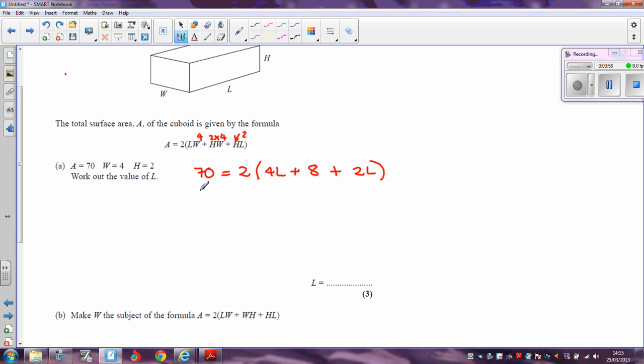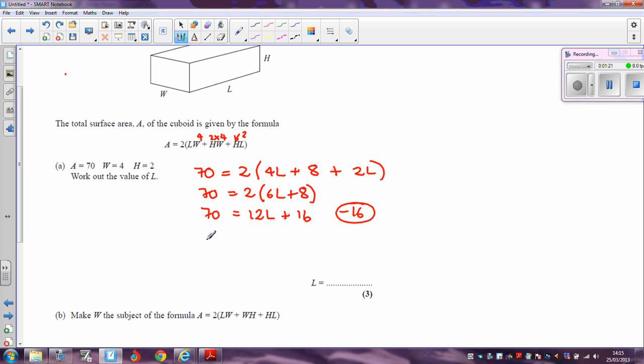Okay, first thing I'm going to do is let's simplify what's in the brackets first. In the bracket you've got 4L plus 2L, which is 6L plus 8. So if we now remove the brackets in the usual way, 2 times 6L, well that's just 12L, and 2 times 8 is 16. I'm now going to subtract 16 from both sides.